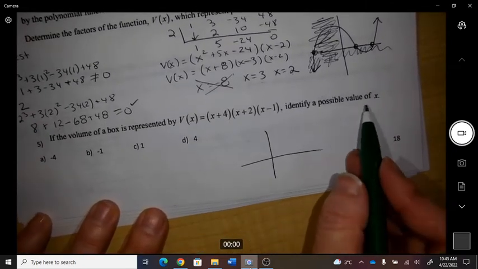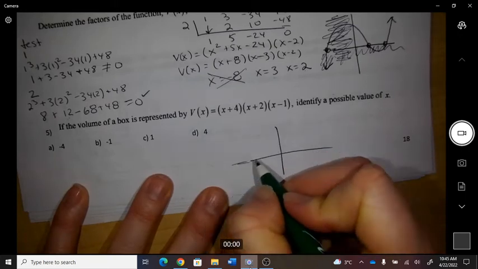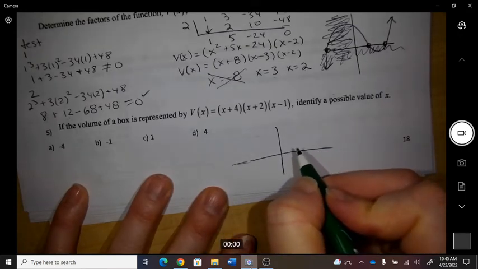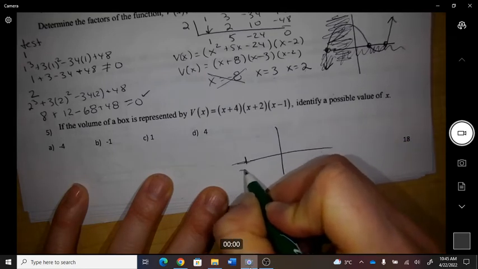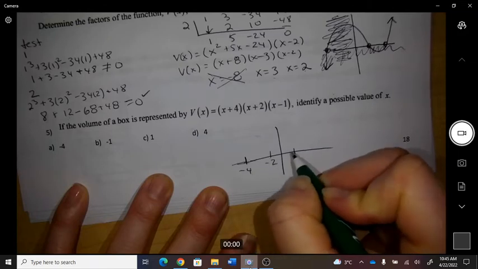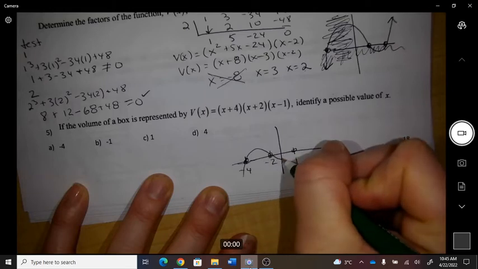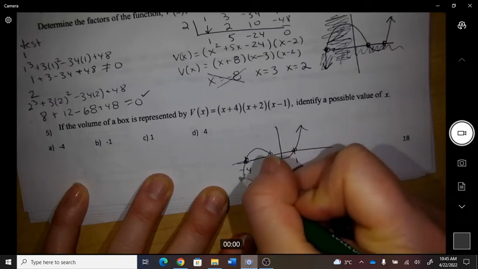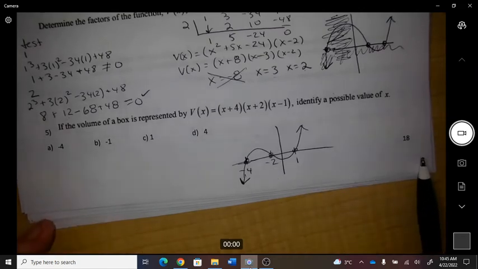Okay, identify the possible values of x for number 5. So negative 4, negative 2, and 1 would be the x-intercepts of this graph. Okay, so that would be the graph of this.